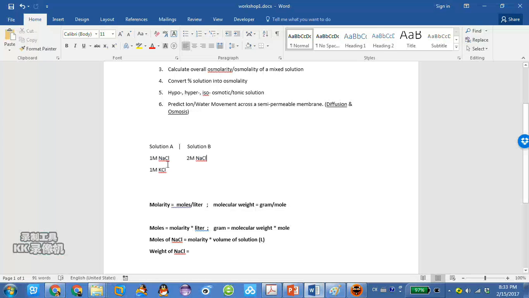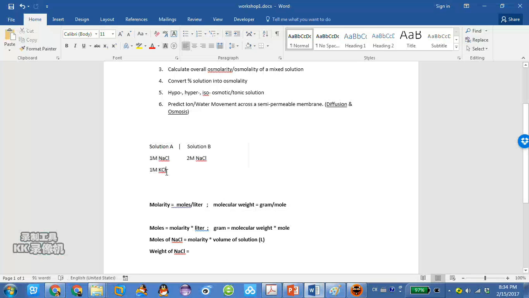For example, when you have 1 molar of NaCl, when it dissolves into water, you have 2 molar of actively moving particles from this molecule. And then you have 2 molar of actively moving particles from KCl in solution A. So in total, you have 4 molar of actively moving particles in solution A.